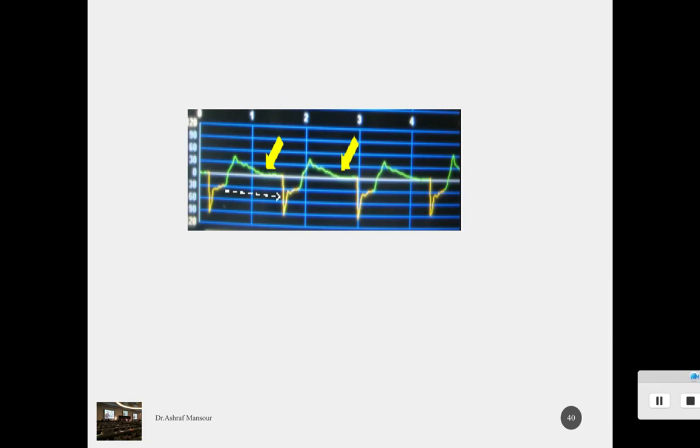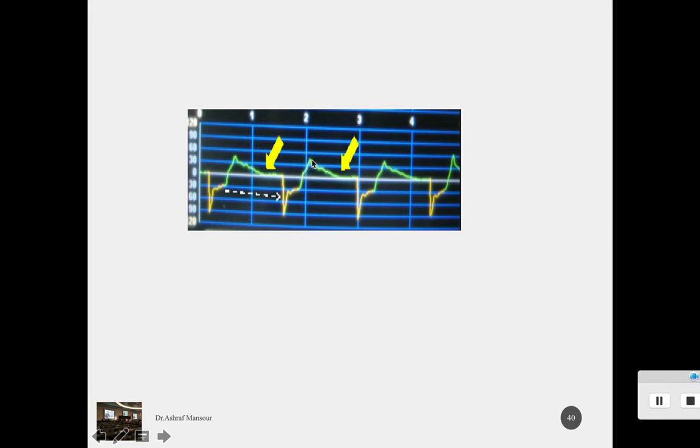What does this graph show you? Inspiratory flow going back and reaching zero, then still there is a hold here. The machine holds the baby in inspiration because the inspiratory time is longer than normal. The other cycle is the same.